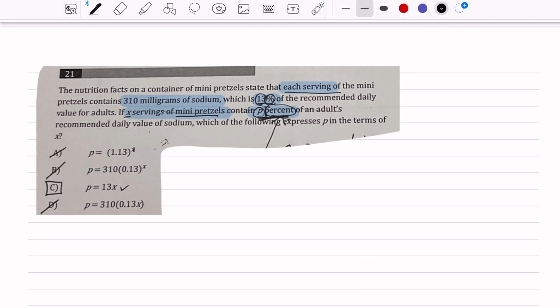The reason why I say this question is pretty complicated is because mostly when you see a percent in the question, and the question is like, find the expression of something, and you don't really know what to do, you tend to just choose the answer like 1.13, that looks like a percent.